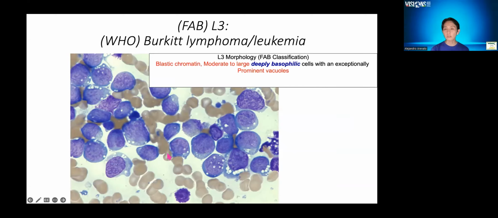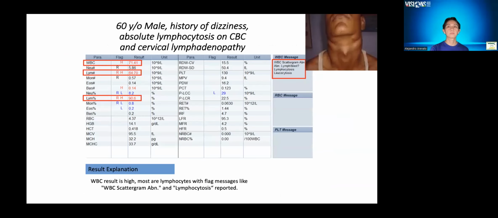But in terms of phenotype, they are mature because they express CD20 markers and they have light chain expression. Okay? And the most distinguishing feature of your Burkitt lymphoma leukemia would be the deeply basophilic cytoplasm that is replete with cytoplasmic vacuoles.